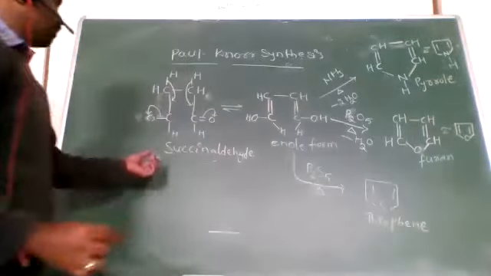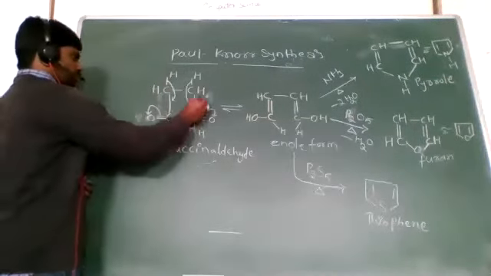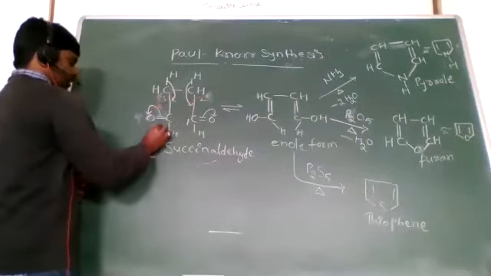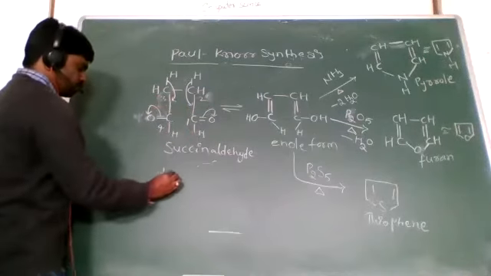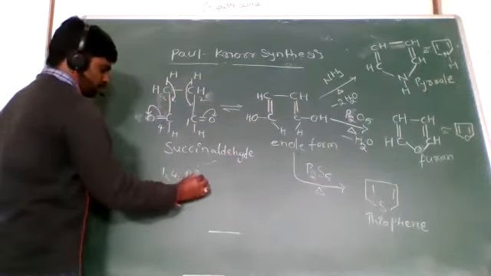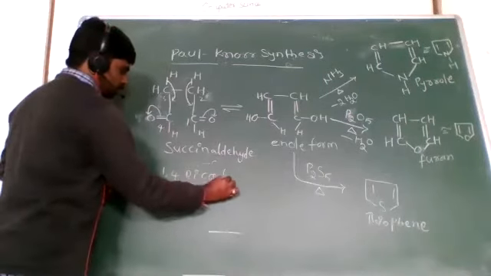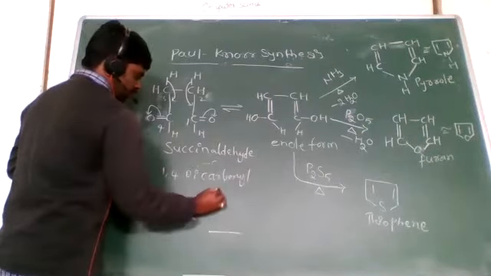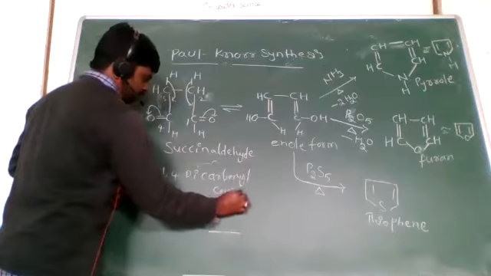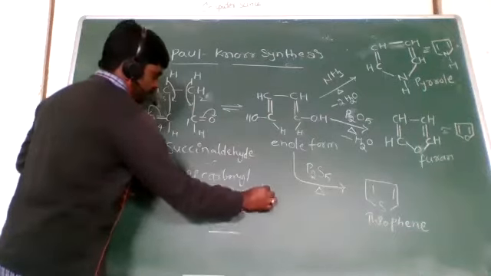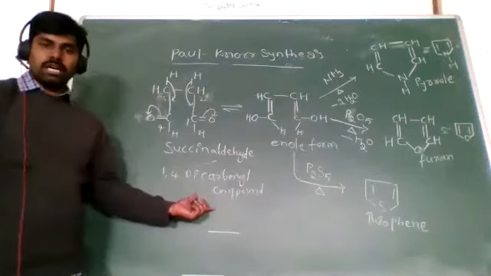Now see here, this is 1,4: 1, 2, 3, 4, a 1,4-dicarbonyl compound. When the 1,4-dicarbonyl compound is treated with ammonia, pyrrole is formed. When dehydrated with phosphorus pentoxide, furan is formed.